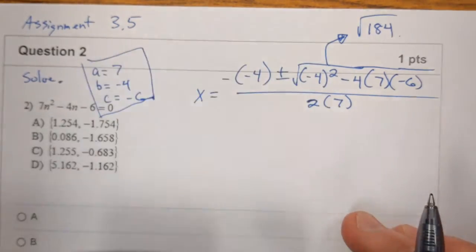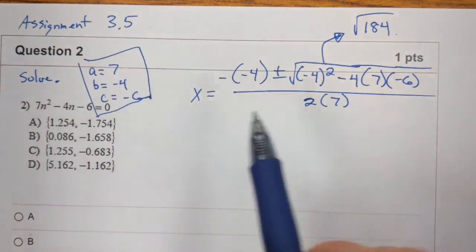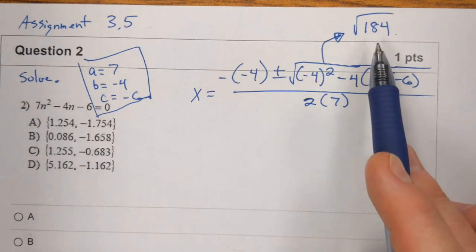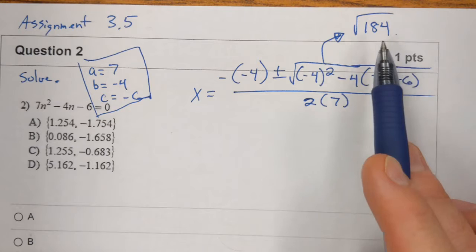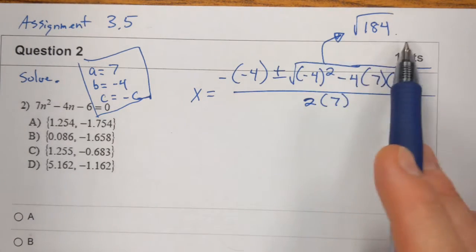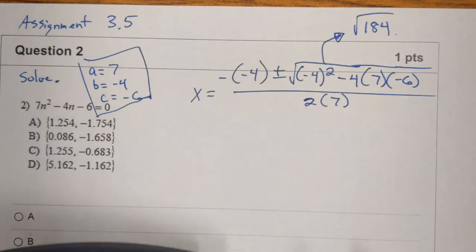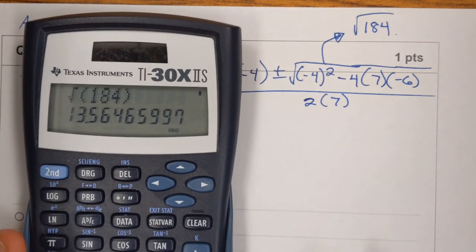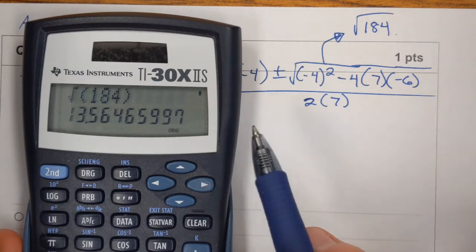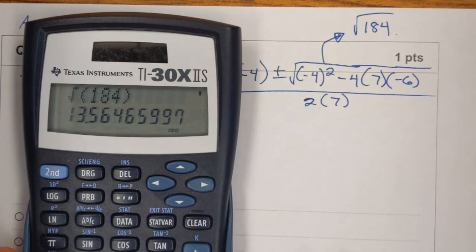I don't know if you realize this, but on our last assignment, assignment 3.4, I made all the answers come out nice and relatively neat. I made sure all of your square roots came out as perfect squares. But that doesn't always have to happen. It's very possible that you can have an irrational answer when you're using the quadratic formula.